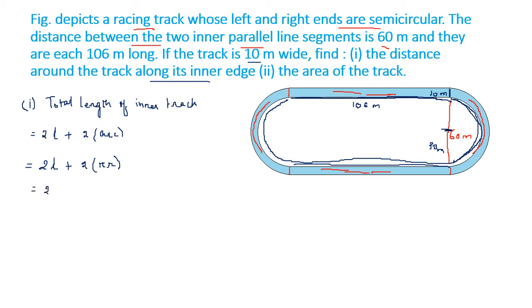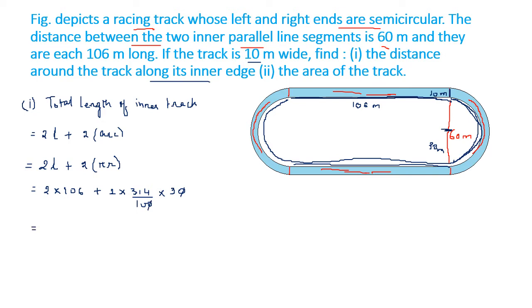So we have got 2 into what is the inner length? 106 plus 2, will take this 3.14 or 314 upon 100 into pi r. So this r is 30 meter.